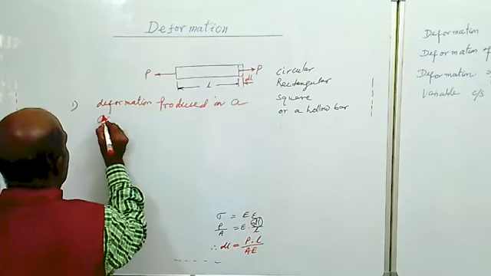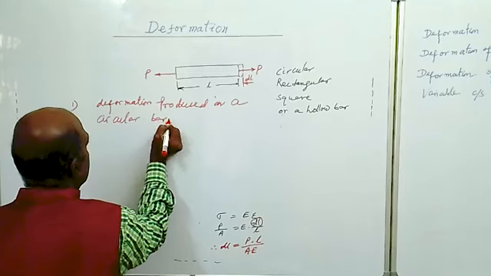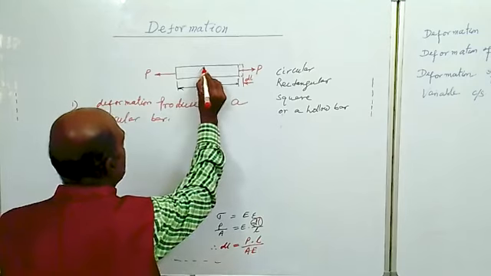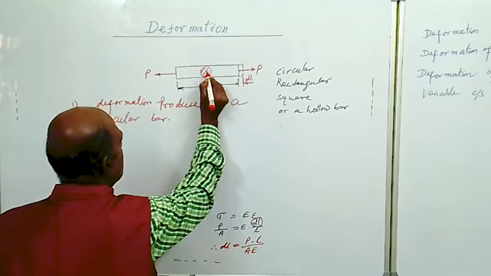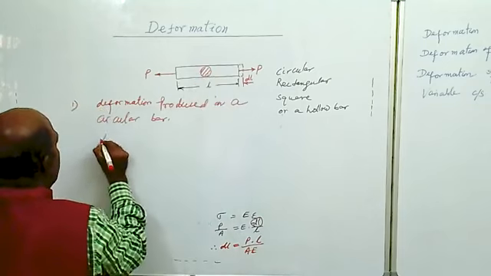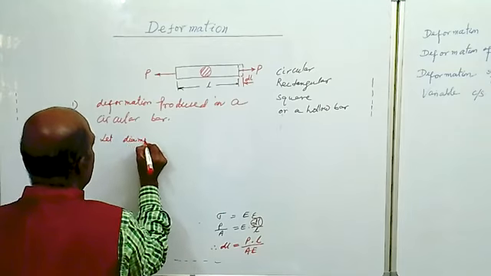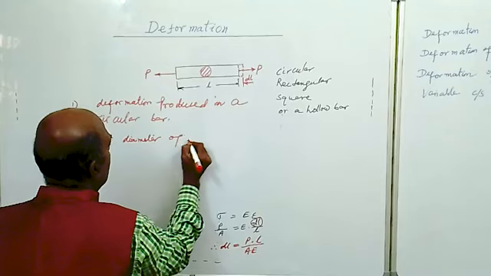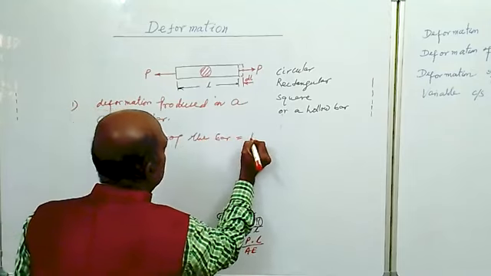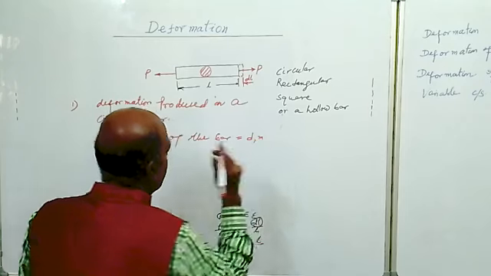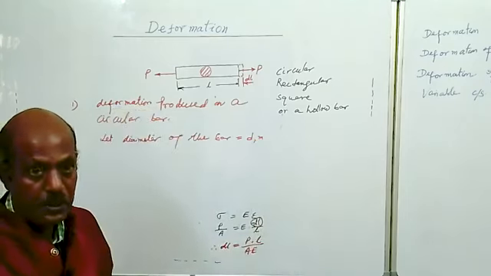So once the bar is a circular bar, the cross sectional area is circular. Let the diameter of the bar be equal to D in meter. So the diameter of the bar is D.